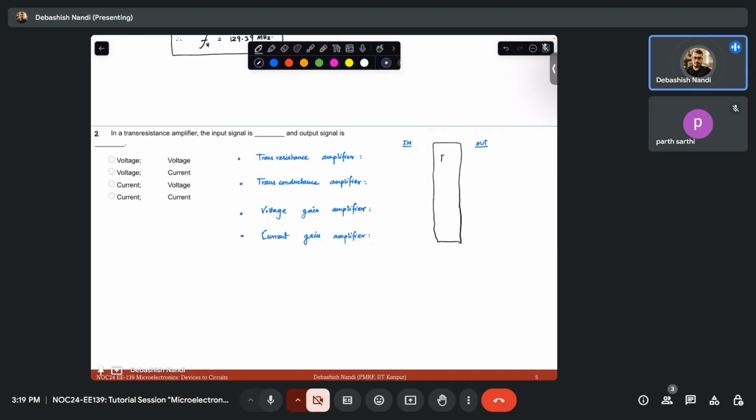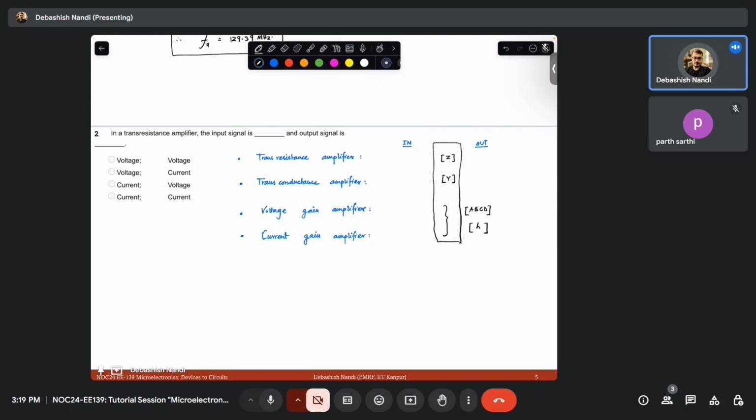So if the input and output are related by your impedance matrix, we call it a trans resistance or trans impedance amplifier. If they are related with your Y matrix, then we call it a transconductance amplifier. And for these two, in one case you will use ABCD matrix, in another case you will use your hybrid matrix. Okay, so this is the definition basically.